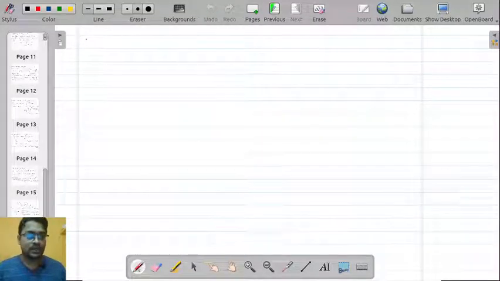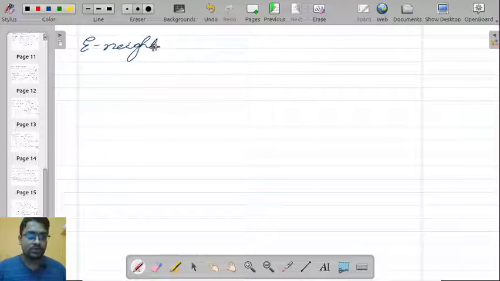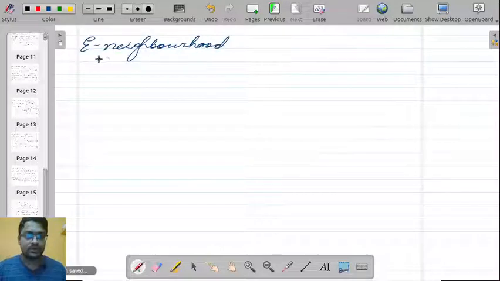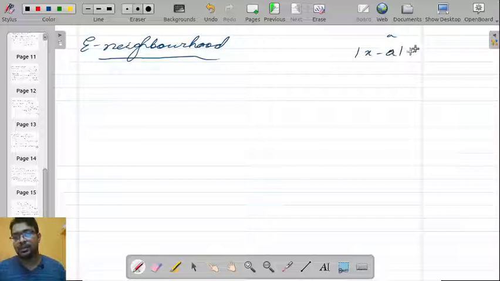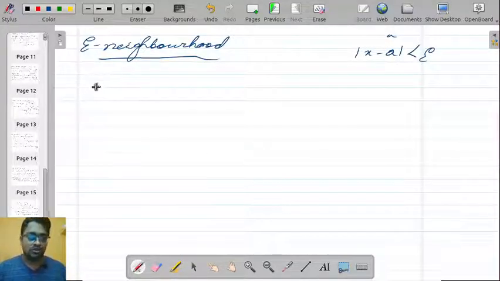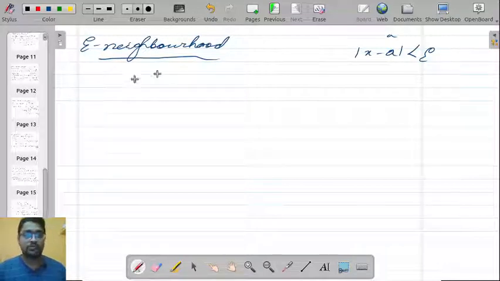What is an epsilon neighborhood of a point? In our real analysis we had done this: it is the set of all those points x which satisfy mod of x minus a less than epsilon. Here it is something similar, because we already have the definition of this mod.